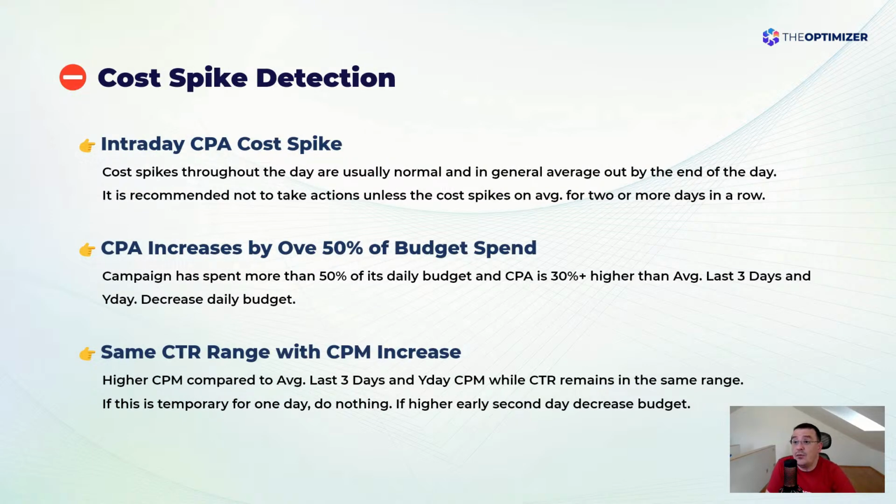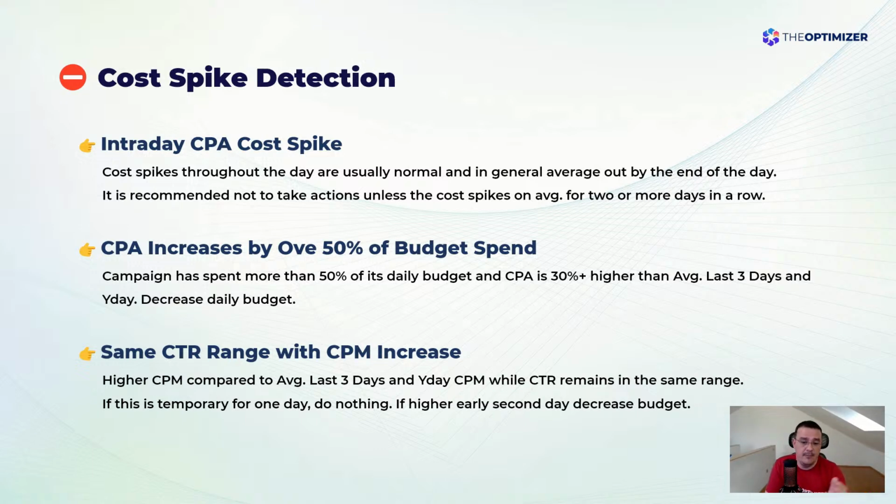Then let's move on to cost spike detection, like intraday CPA cost spikes. As I said earlier, don't react too early, unless you have to. If you're running impulsive optimizations on your campaigns, then react. But if you're having random CPA spikes, don't, because it will average out throughout the day.